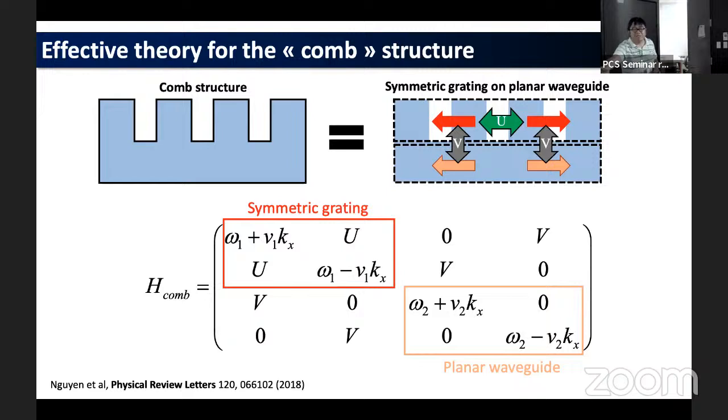The whole Hamiltonian is Hermitian, and is described by a very simple equation. As you can see, omega 2 and omega 1 are not the same because we don't have the same thickness and effective index. Also V1 and V2 are not the same because they don't have the same group index. So this is a very simple Hamiltonian, but it's very powerful.